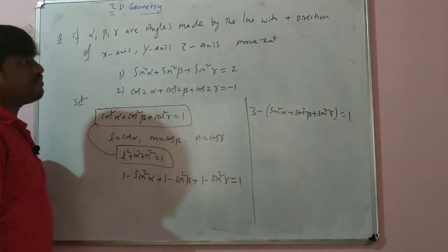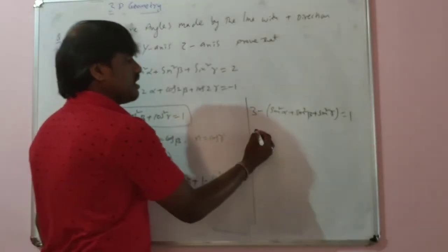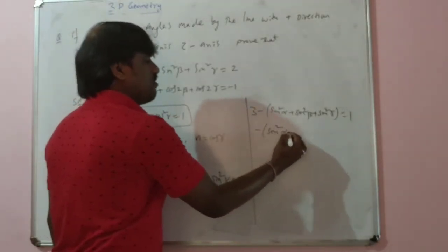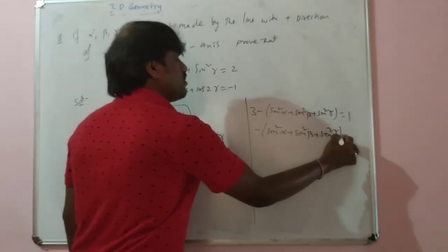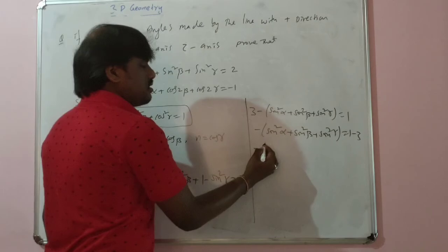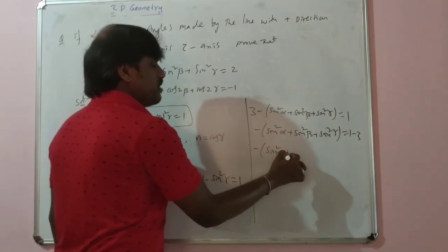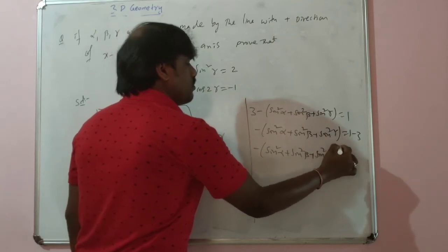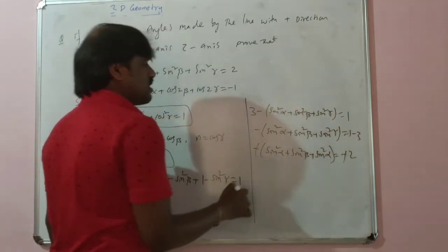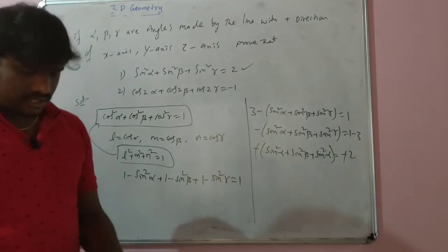If I send 3 to that side, minus of sin square alpha plus sin square beta plus sin square gamma is equal to 1 minus 3, that is minus 2. Minus minus cancels. The first one is proved. This is what we can do.